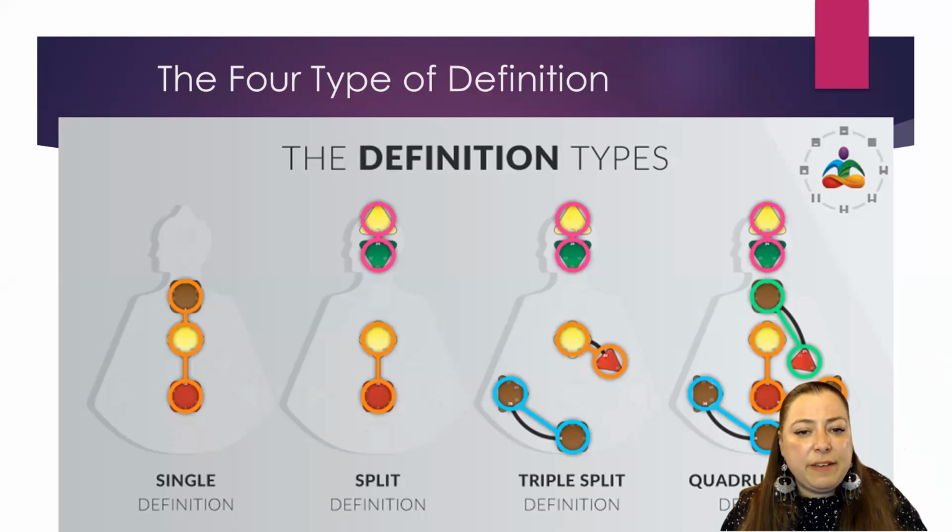We have the split definition, which is two separate areas, like two islands, connected, but not to each other. So there is a split between the two connections. Those people are here to teach us how to be in relationships because they are ready to compromise in order to get connected.